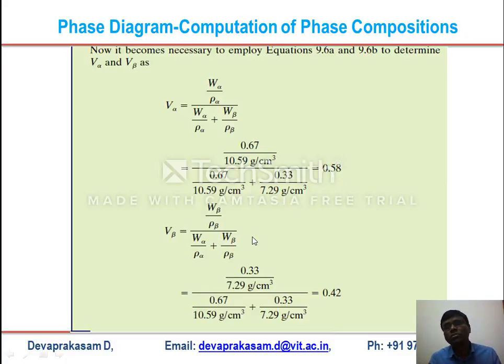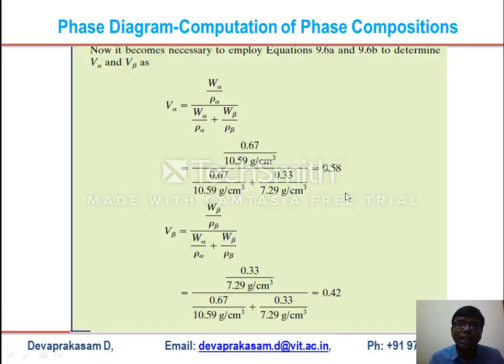Similarly, if you apply that, you will find out the volume fraction of the beta phase. Basically, the total volume is in the denominator, and the volume of the corresponding phase, the beta phase, is given by this formula. So now if you identify that, you will get this number.